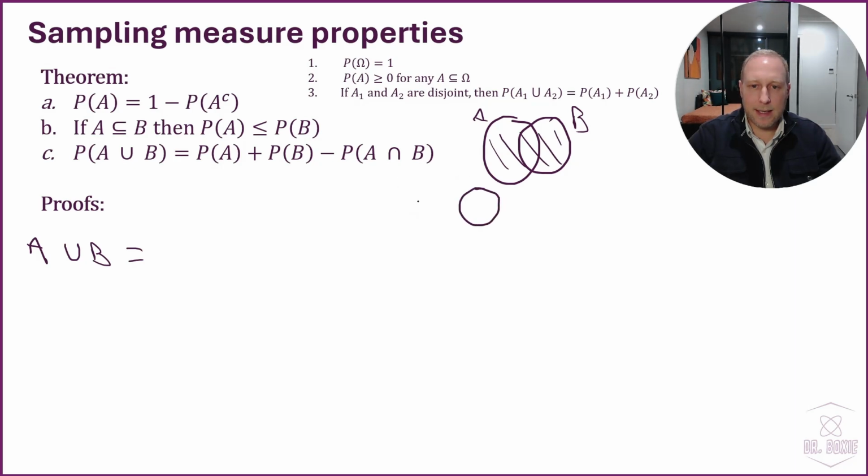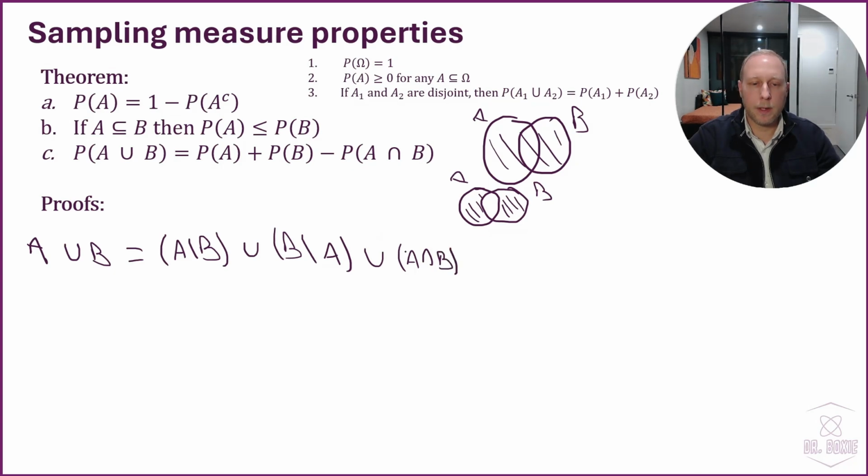If this is A and this is B, I can write A or B as, first of all, A minus B, so that is this part. It's that part of A that is not included in B. Union that part of B which is not included in A, so it's this part here. Union the intersection, which is the only thing that we're missing here. So that's A intersected with B. And notice that all of those are disjoint.